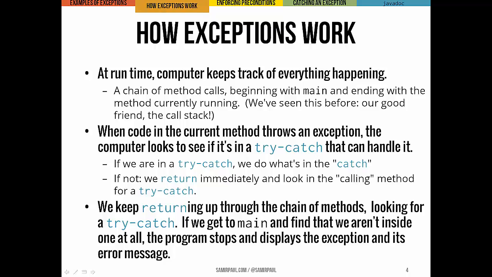And we're going to do this until we either find a try-catch or until we get all the way up to main. If you don't find any try-catch statement anywhere in this entire process, then the computer is going to stop the program and it's going to show you a trace of all the method calls, the type of exception, and the error message that you gave it. You've seen this tons of times before.